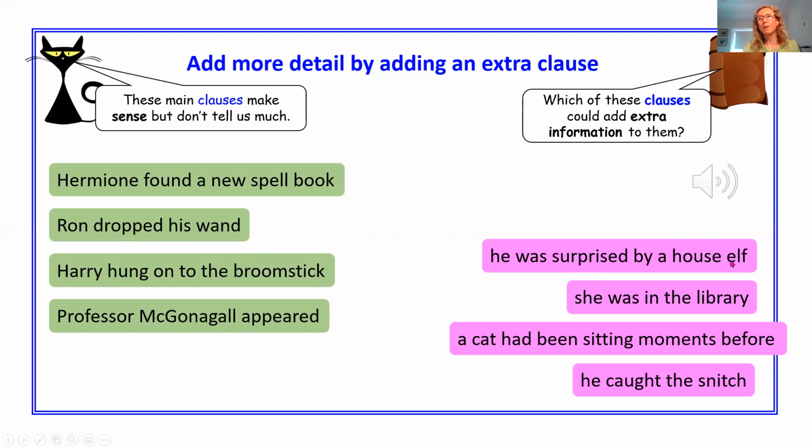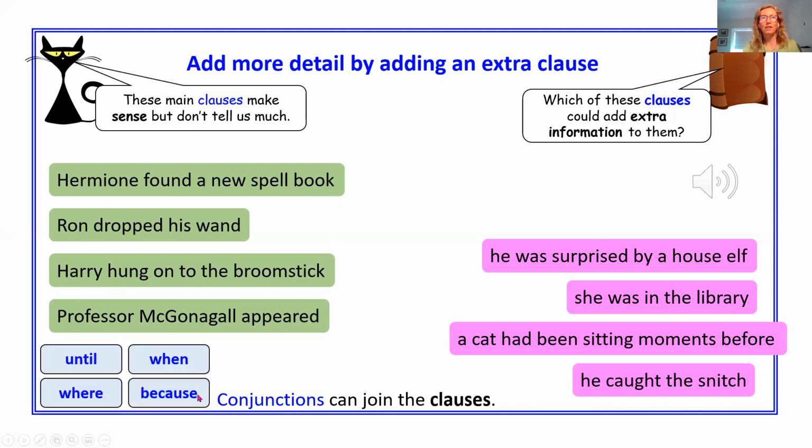He was surprised by a house elf. She was in the library. A cat had been sitting moments before. He caught the snitch. So these are the clauses that are giving us extra information, also known as the subordinate clause. Okay, and then we've got the conjunctions that join the clauses: until, when, where, and because.